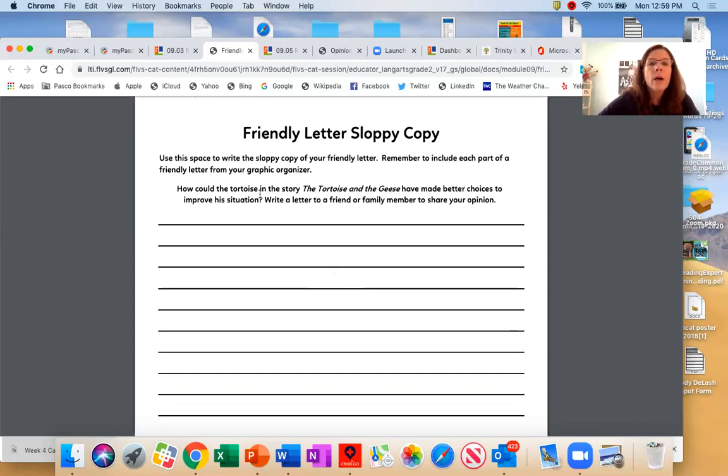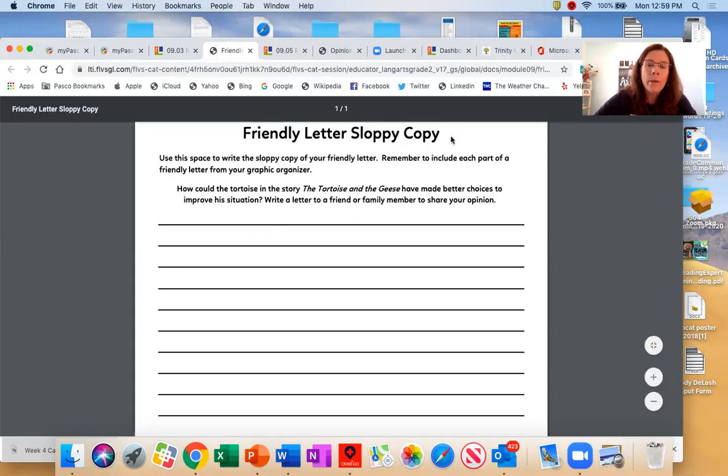And so, again, we're back to the same question. How could the tortoise in the story, the tortoise and the geese, have made better choices to improve his situation? Write a letter to a friend or a family member to share your opinion.